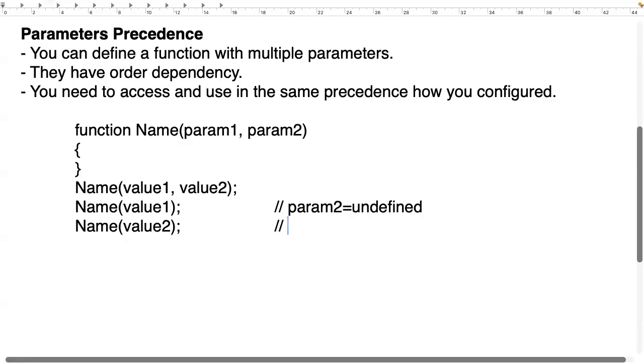Then parameter 1 will have value 2, and parameter 2 will always be undefined. However many parameters there are, you have to pass that many values, and in the same order. So it has order dependency.